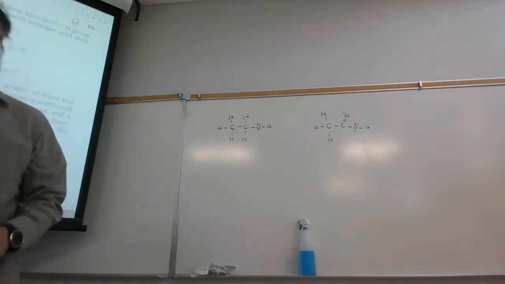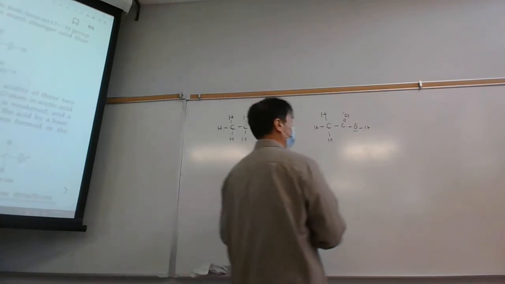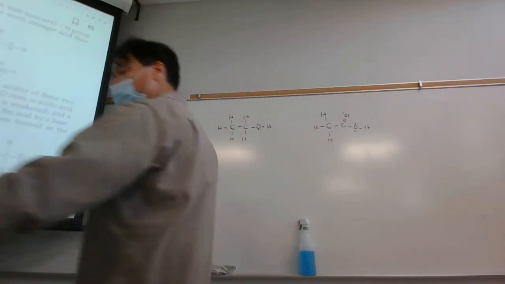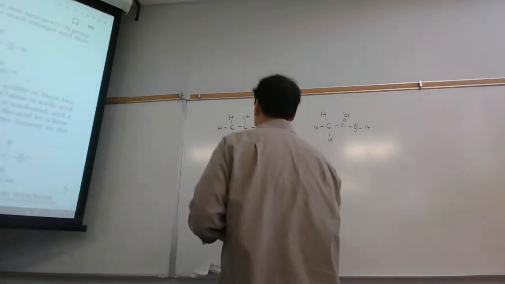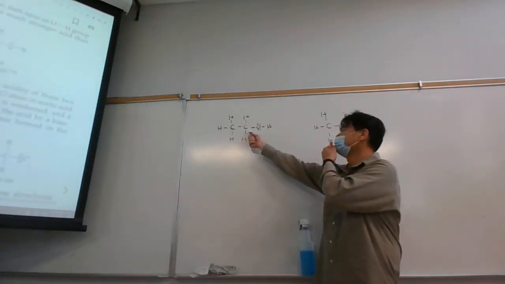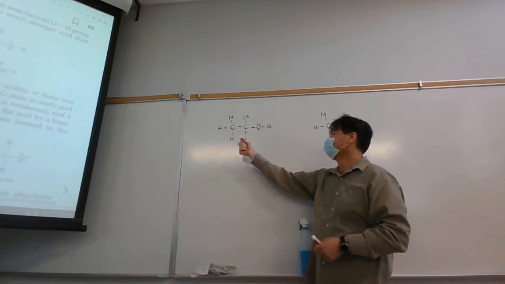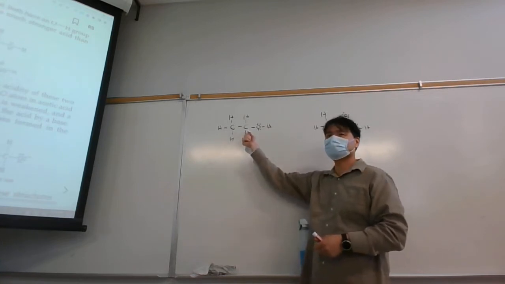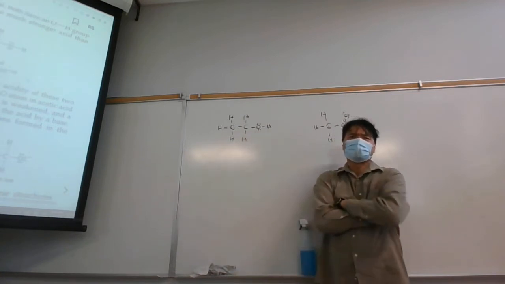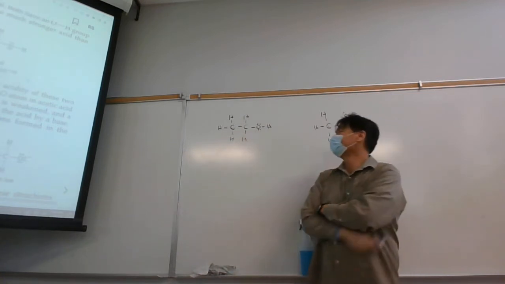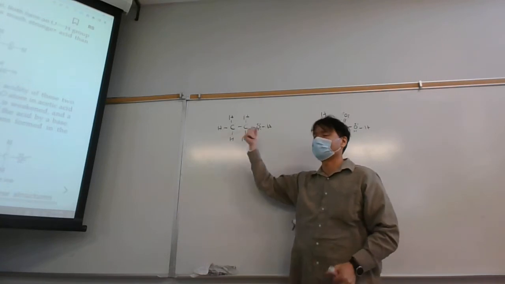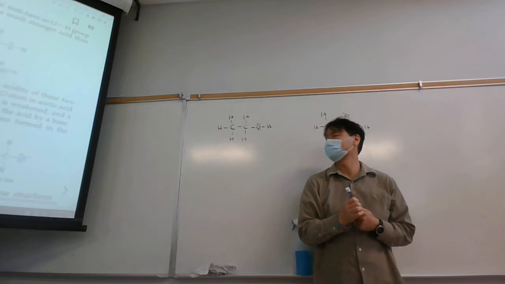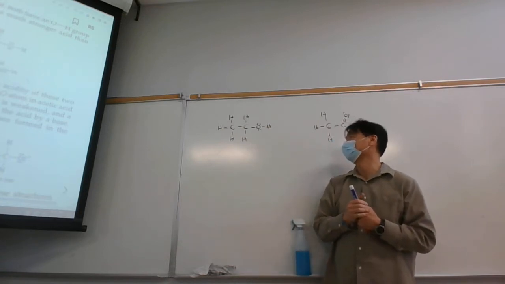And so looking at this carbon, it has no formal charge, but is this carbon electron rich or electron poor? Can you tell by looking at it? Well, one way you can tell is that it's a hydrocarbon. Hydrocarbons in general are electron rich. Hydrocarbons are flammable. Flammable substances are typically electron rich.